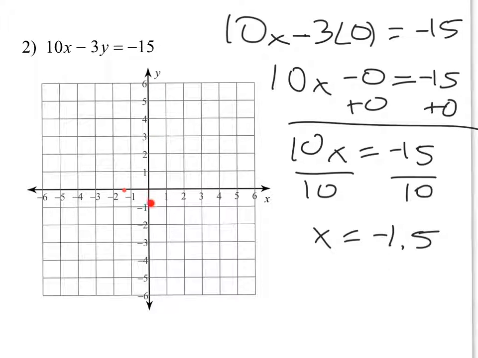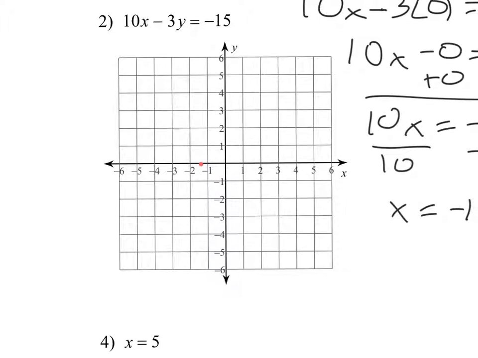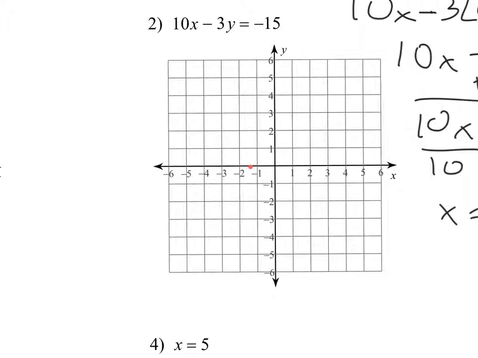Anywhere along the y-axis is a y-intercept, and on my y-intercept, my x is 0. So just like last time, where I plugged in 0 for y to get my x-intercept, this time I'm going to plug in 0 for x to get my y-intercept.